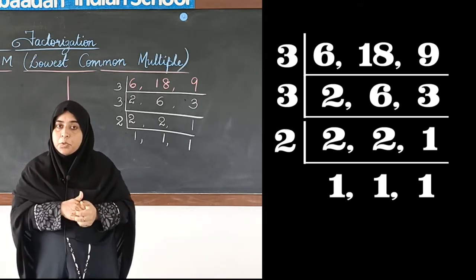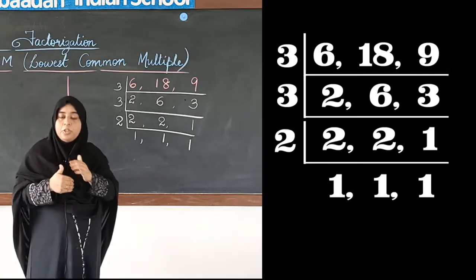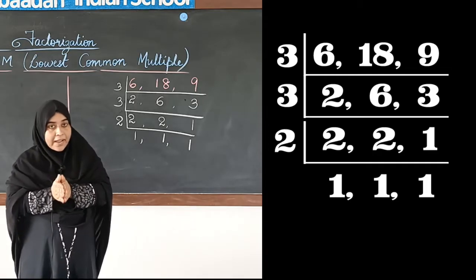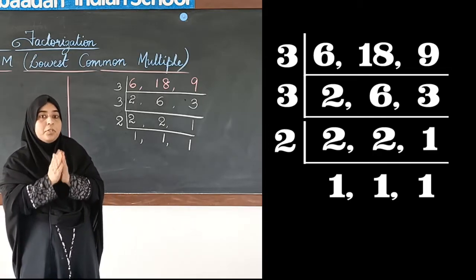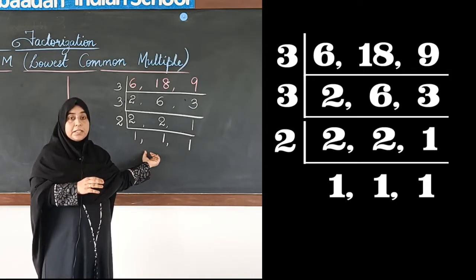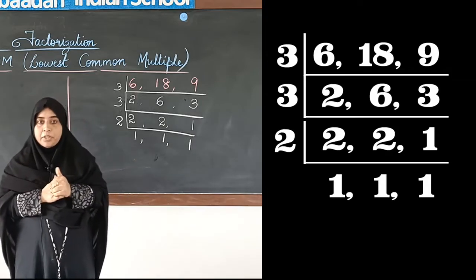That is why we continued our division. So, you need to do the division as long as you find a common factor, or as long as you do not find 1, 1, 1 at the end. These are the 2 options that you need to keep in mind to decide where to stop your division.